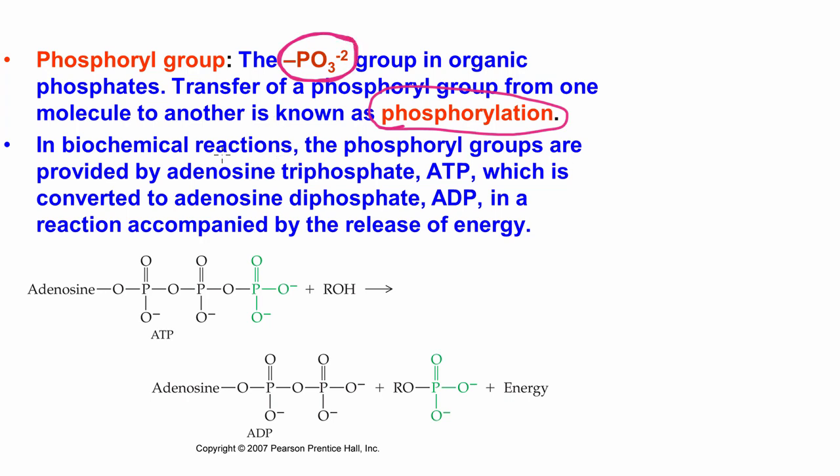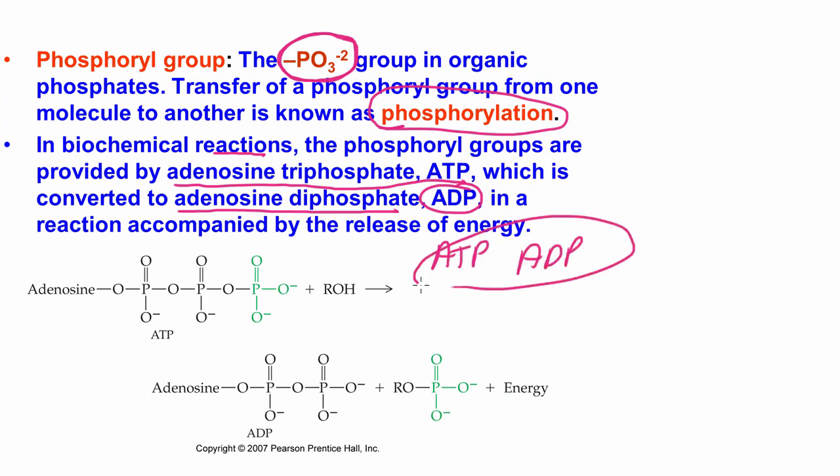It turns out that in biochemical reactions, these phosphoryl groups are provided by ATP, and that's converted to adenosine diphosphate, or ADP, in a reaction that is accompanied by a release of energy. So we'll talk about both ATP and ADP in the biochemistry portion.